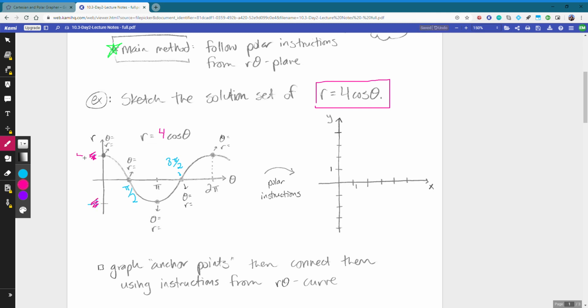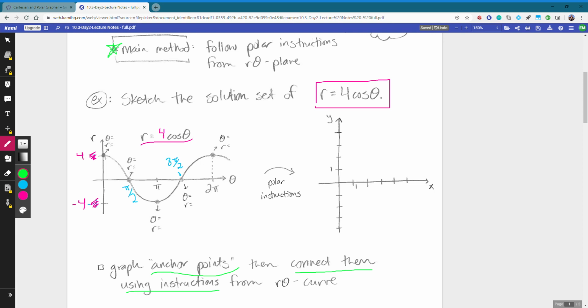We've seen this before when we were playing around with parametric equations. All right. And so with this, we now have a graph of our r equals 4 cosine theta in the r-theta plane. And what I claim is we can now use our graph to get some nice anchor points and then connect them using the instructions that our curve gives us. So let's see how that looks.